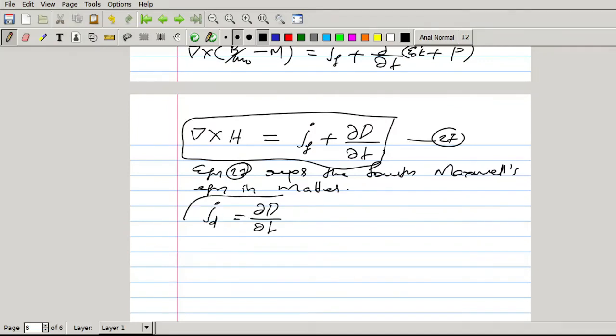So this term J_D is equal to dou D by dou T, which is called the displacement current density.